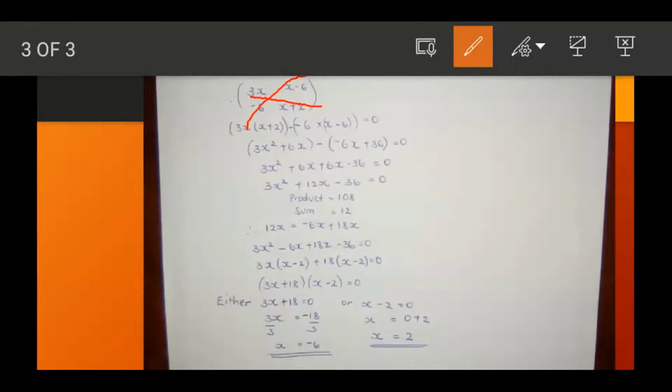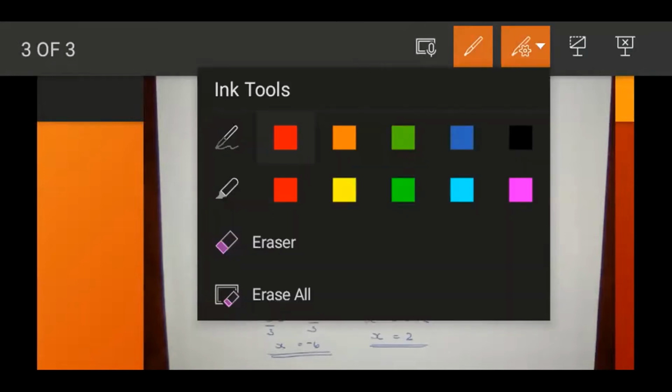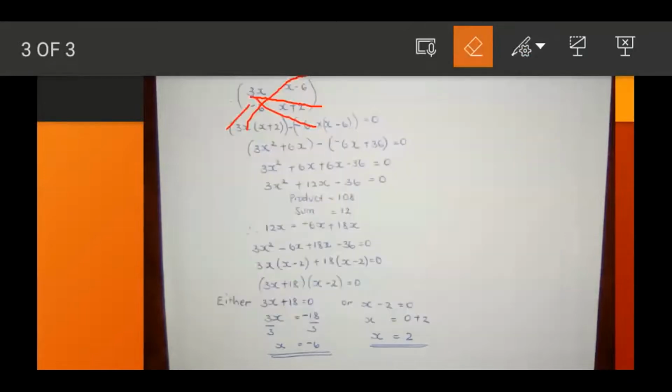At first it will be this one, then second this one. Then 3x into x plus 2 minus negative 6 into x minus 6 will be equal to 0, since a singular matrix has a determinant of 0.